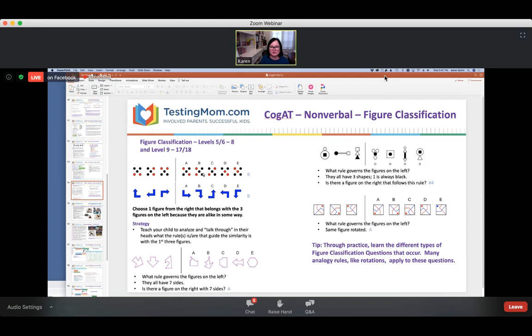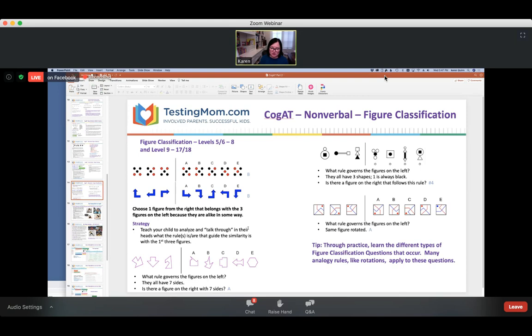It's the same thing. This one, and this you only know once you practice, is a rotation. So this is the same figure rotated. So we just need to look for this very same figure rotated, and that is B. And it's only through practice that you learn to recognize these.